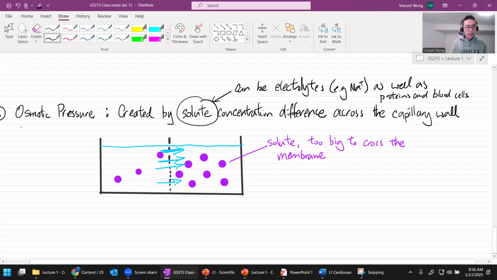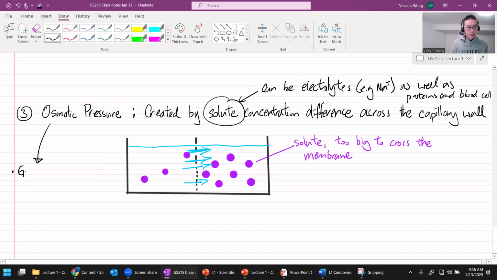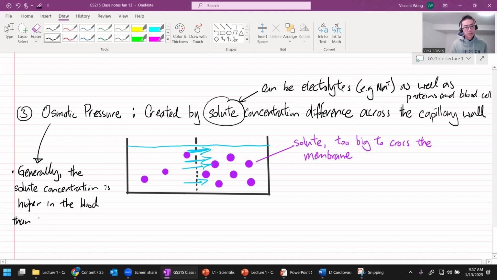So I'm going to add another point here. Generally, the solute concentration is higher in the blood than in the tissue.